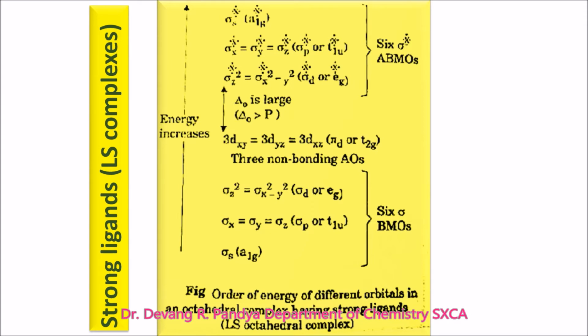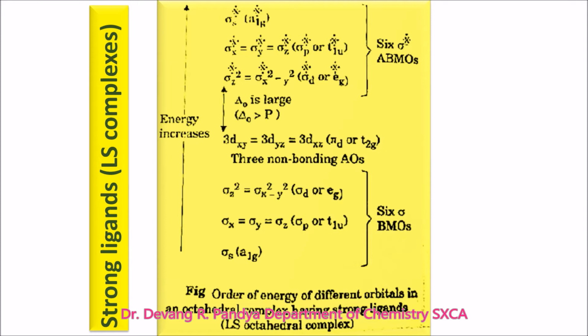It means pi d orbitals, or we can say t2g as a Mulliken term. Now above this we have Eg star, that is psi star d orbital, and that is psi dz square and psi dx square minus y square.